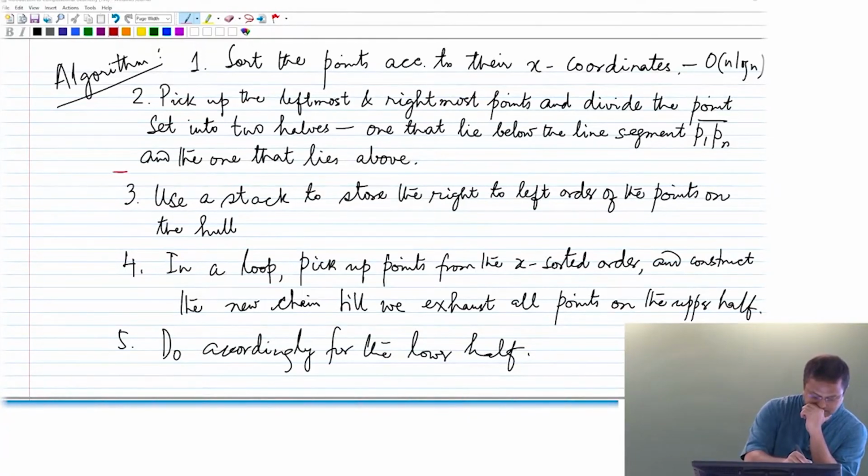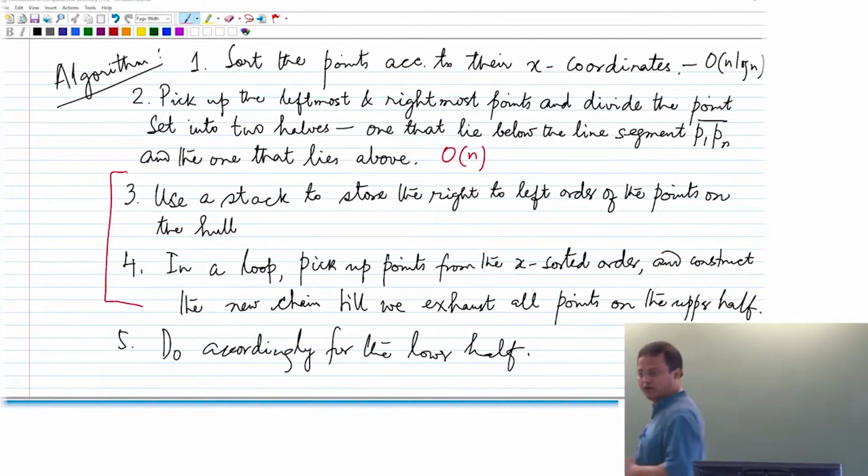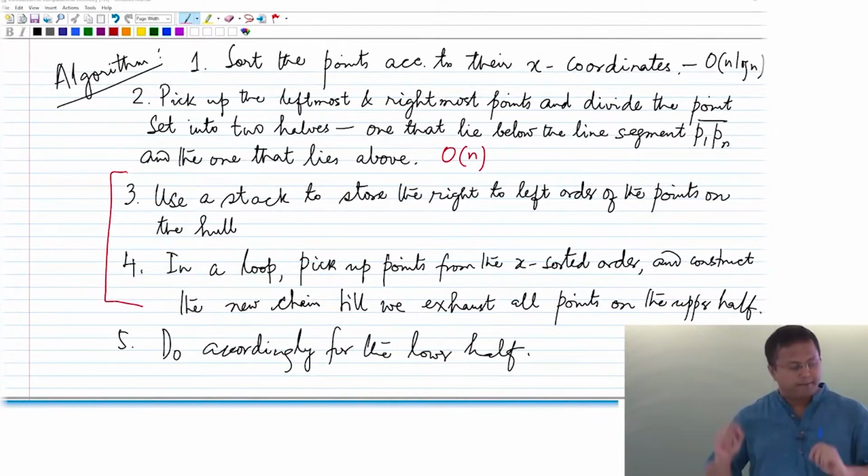Now, so these are the steps. First of all, this you can do in linear time. These are the 2 steps that we have to analyze a little bit closely.